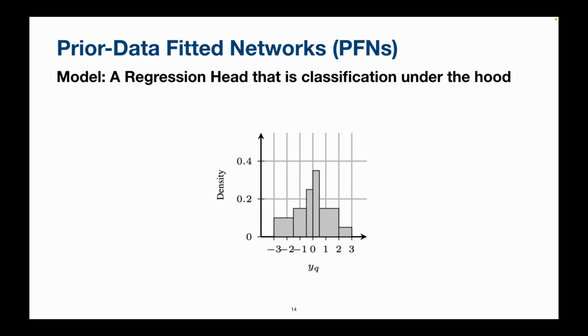So our model predicts between -3 and 3, and the area of each bar is the probability mass in that bucket. Does that make sense? This means we can treat regression as a classification problem.